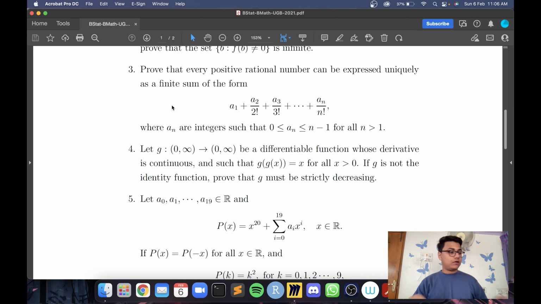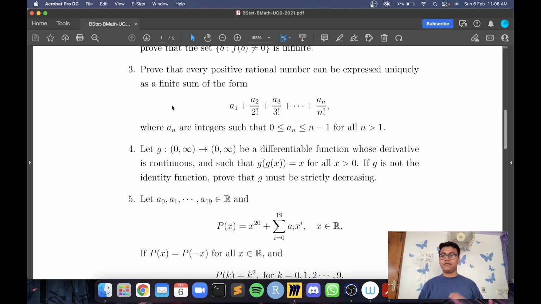Okay, we will do the fourth question now. The fourth question gives us a function g which is defined on the positive reals and gives only positive real values.